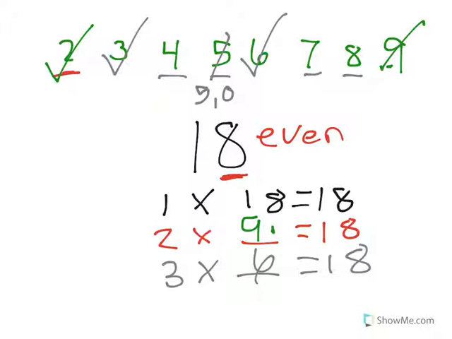Then I'm thinking to myself, 4 times nothing would give me 18, 7 times nothing would give me 18, and then 8 times nothing would give me 18. So my only factors for 18 are going to be 1 and 18, 2 and 9 and 3 and 6. These are my factors of 18.